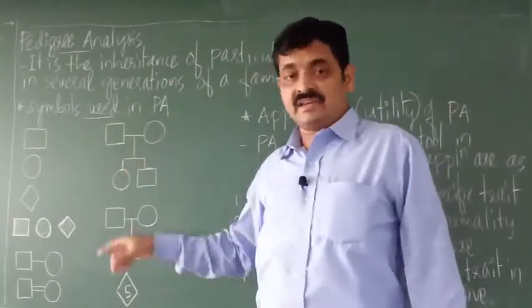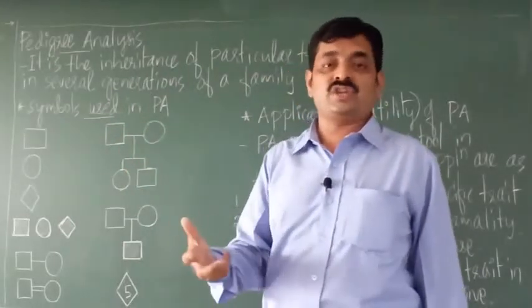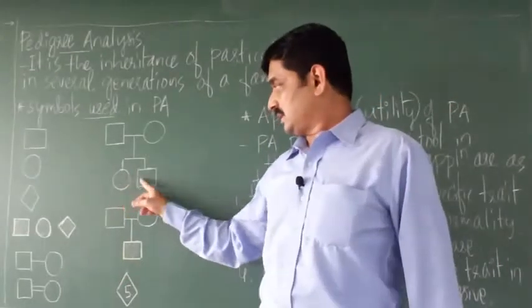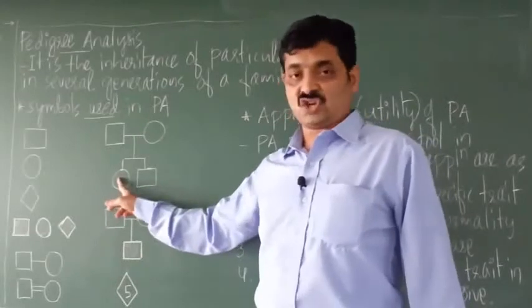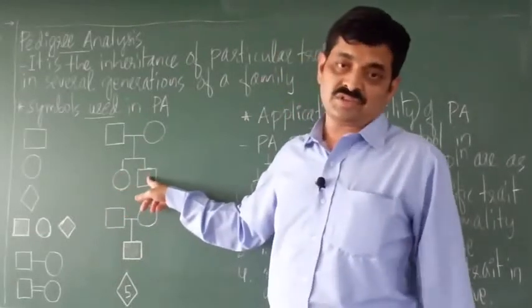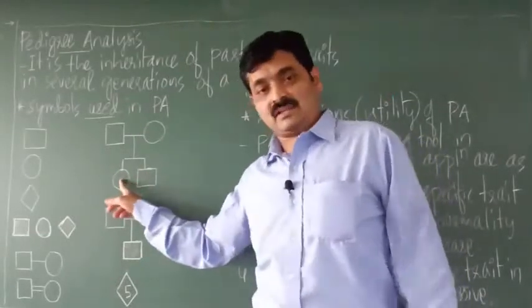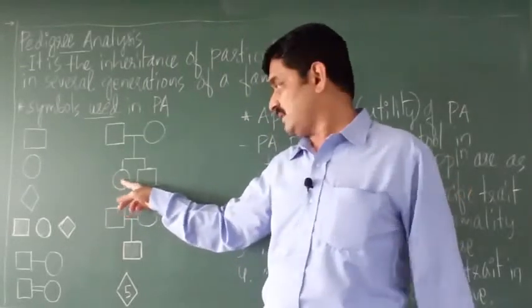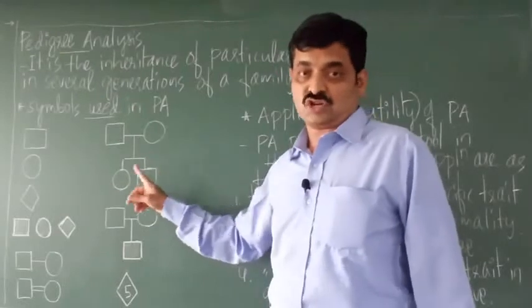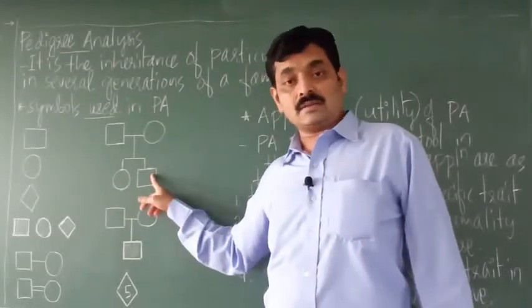This vertical line indicates their progeny or children. So these are the two children belonging to these two parents. This is the first child and this is the second child. The first child is female, the second child is male.